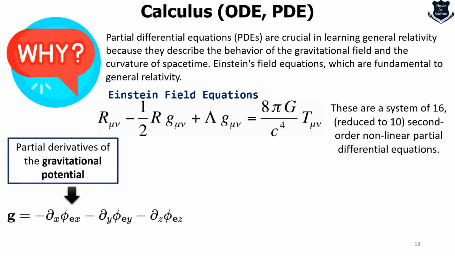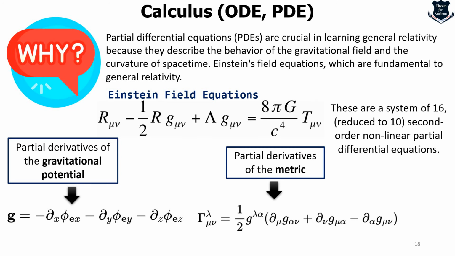Also you will see that the Newtonian partial derivatives of the gravitational potential can be taken as partial derivatives of the metric. Now I don't want to go into this because this is a different video. If you go to my playlist on the General Theory of Relativity, you will find this derivation in one of my videos. So you can clearly see evidence and examples of using del and partial differential equations very much in Einstein's theory.